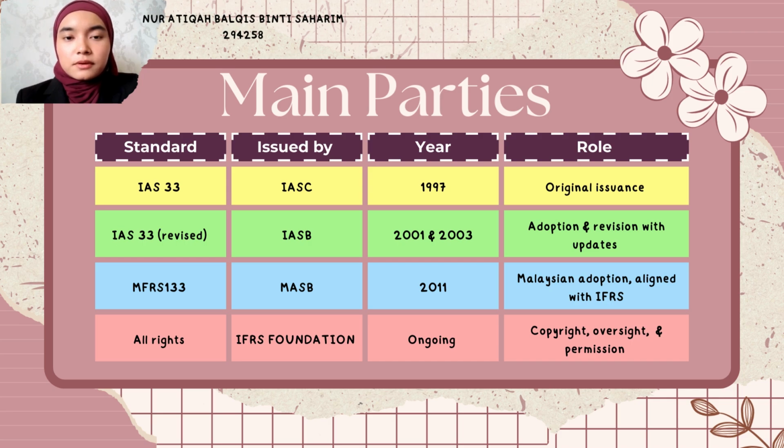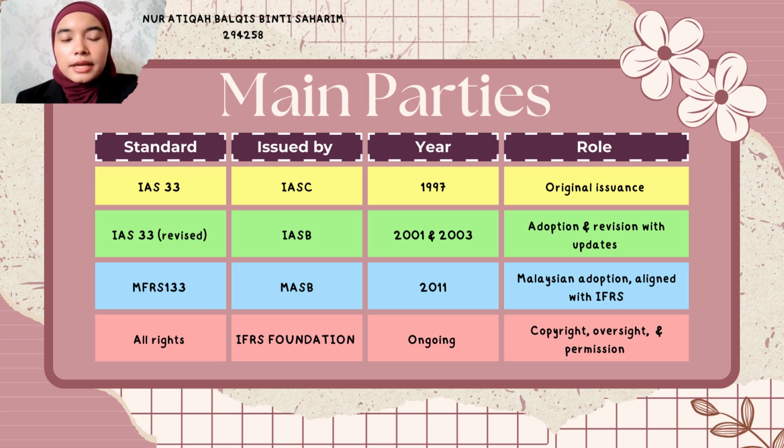Okay, so first the IASC. IASC was actually the first one to come out with IAS 33 Earnings Per Share back in February 1997. They basically introduced the original rules on how companies should calculate and show earnings per share.